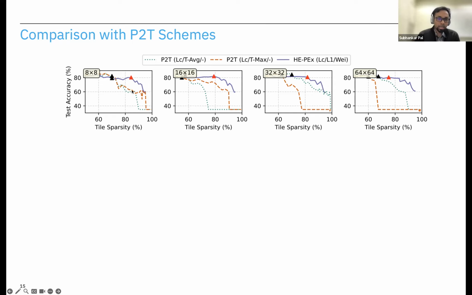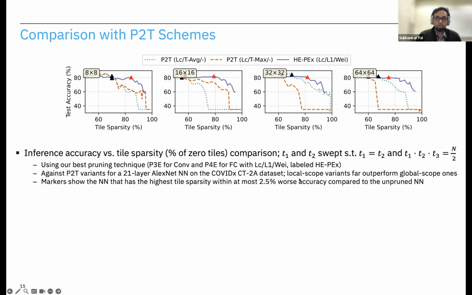So the smaller tiles have a larger amount of replication, and the larger tiles have a smaller amount of replication. So the best pruning technique we have for CNNs is using P3 for convolutions and P4E for fully connected with this specific scheme. It's a lot of detail, but we can ignore it for now.